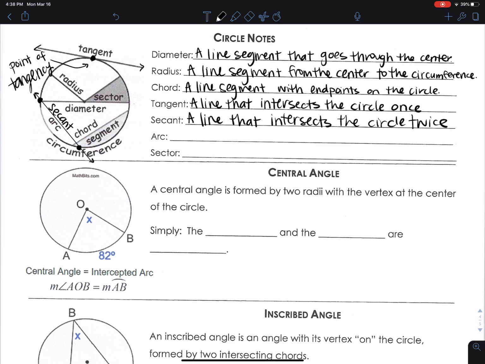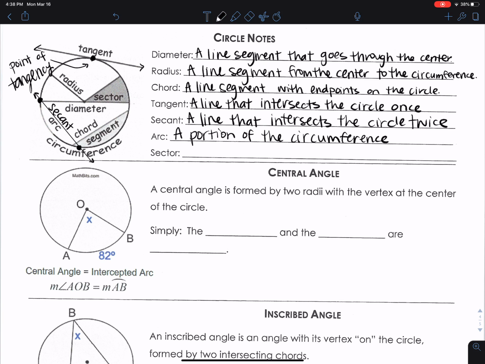The next one is an arc. We learned about arc length last time. An arc is a portion of the circumference. And it says right here that the arc is right here. So that's a portion of the circle or a portion of the circumference.